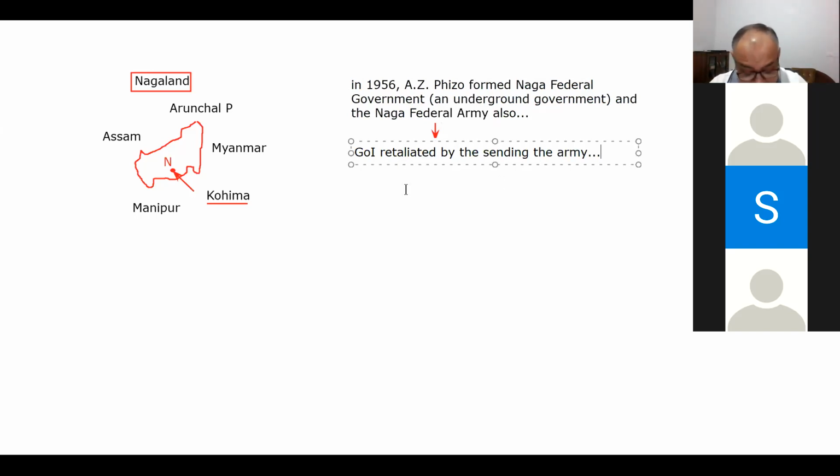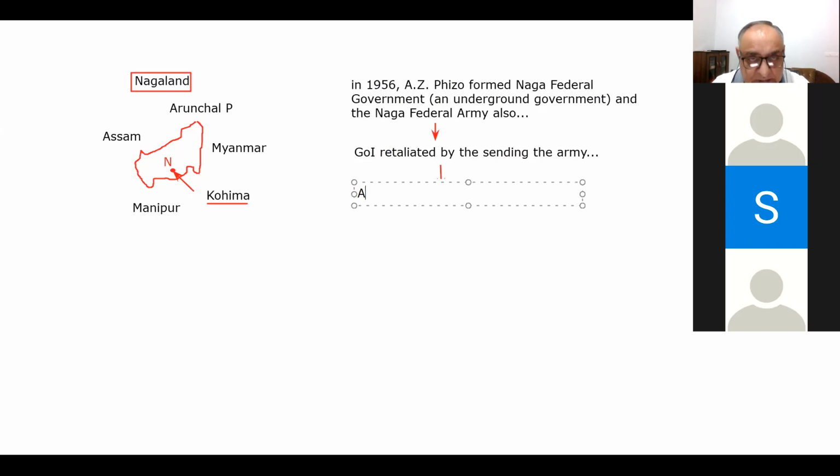And in 1958, we can say, AFSPA, Armed Forces Special Powers Act was enacted and imposed.